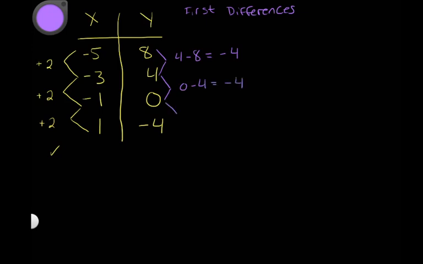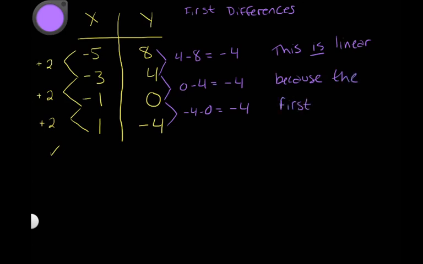And if I have negative 4 minus 0, again negative 4. Therefore, this is linear because the first differences are equal.